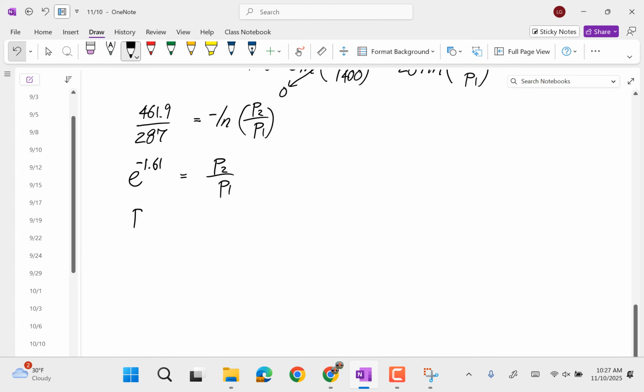We know that PV is equal to RT, so the change in pressure times specific volume is equal to R times the change in temperature. But again, these are just changes.